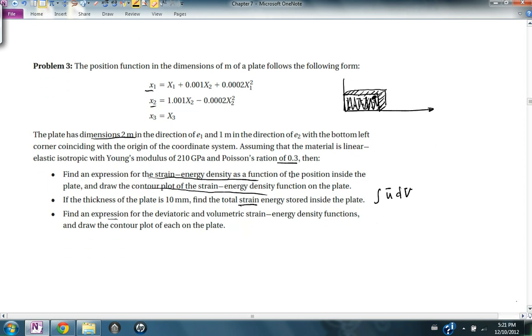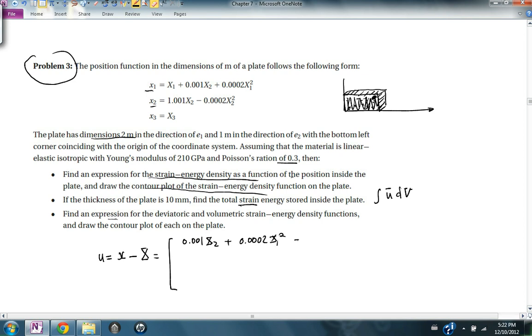So what we have is the position function. The first thing we need to do is find the displacement function, which is the new position minus the old position. You will get the following form: the first component of the displacement is 0.001 x2 plus 0.0002 x1 squared.